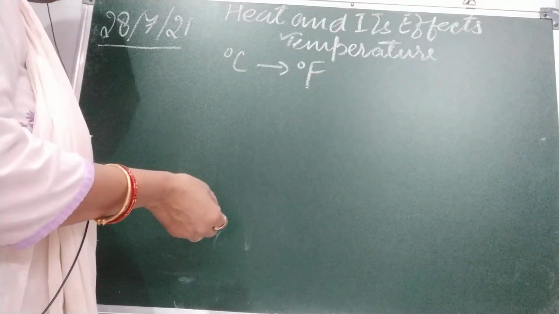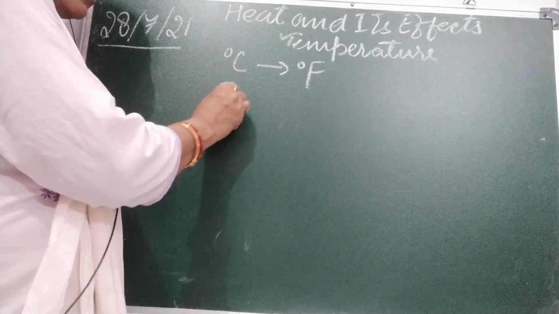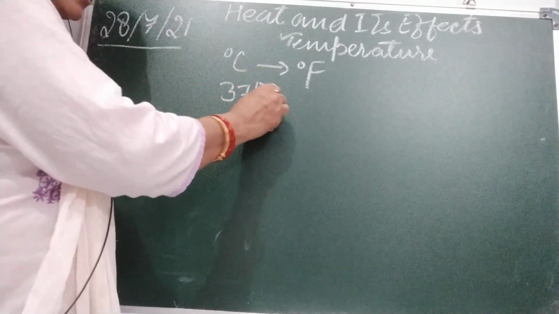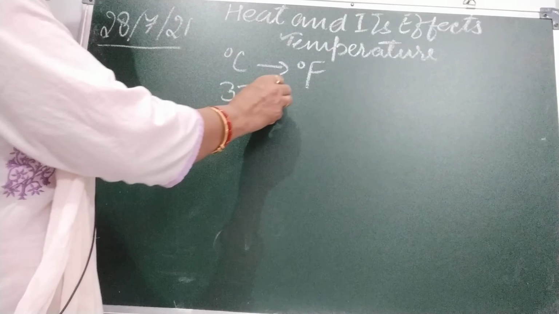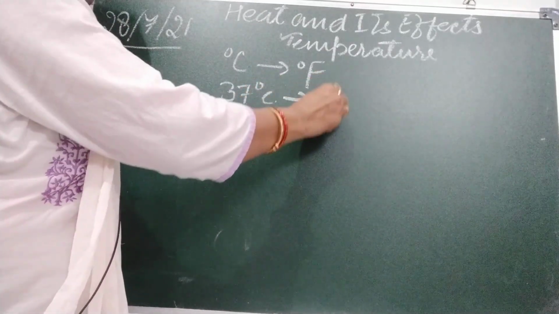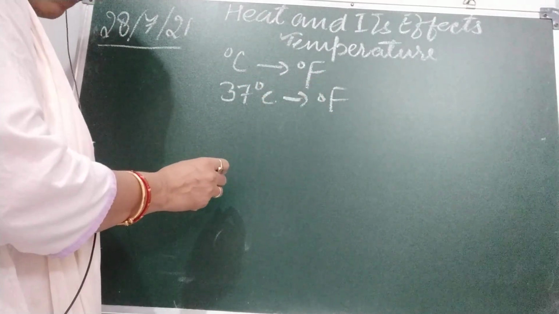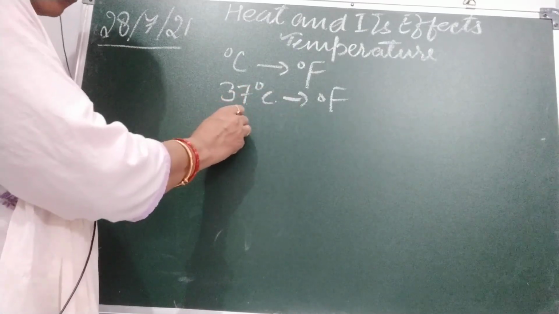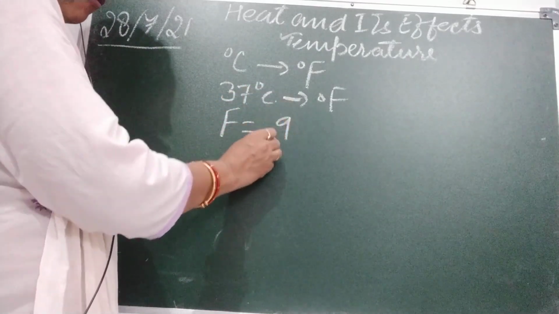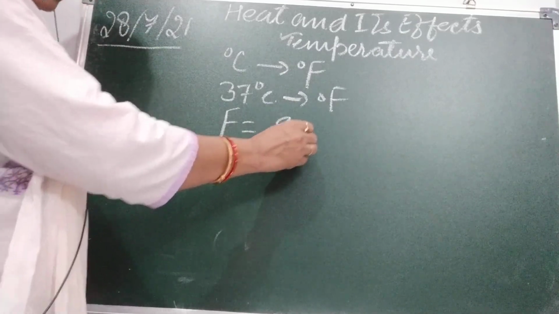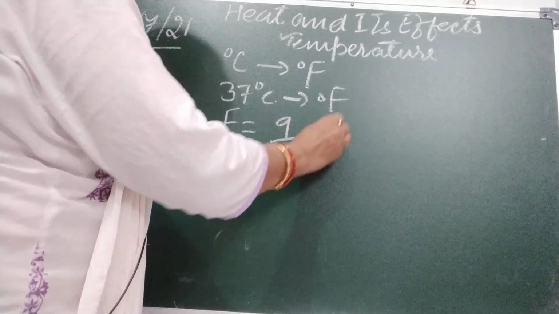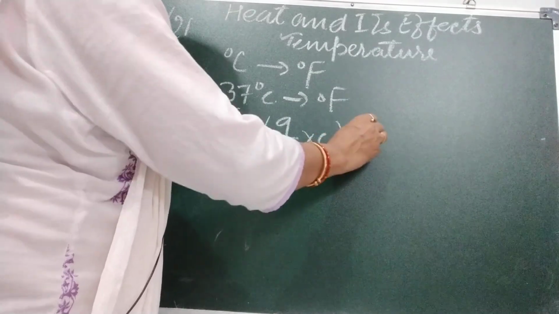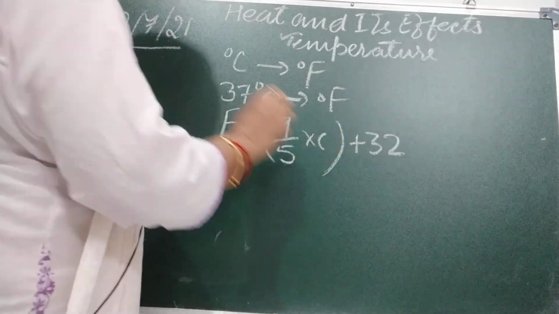Our normal body temperature is 37 degrees Celsius, and we will convert it into degree Fahrenheit. The formula is F is equal to 9 upon 5 into C plus 32.